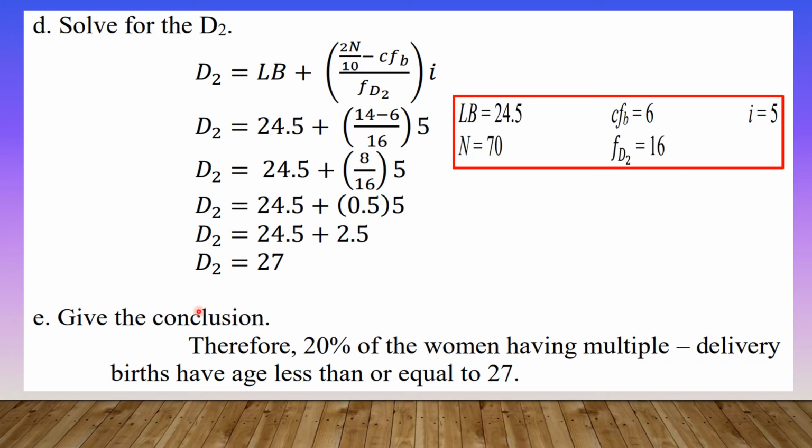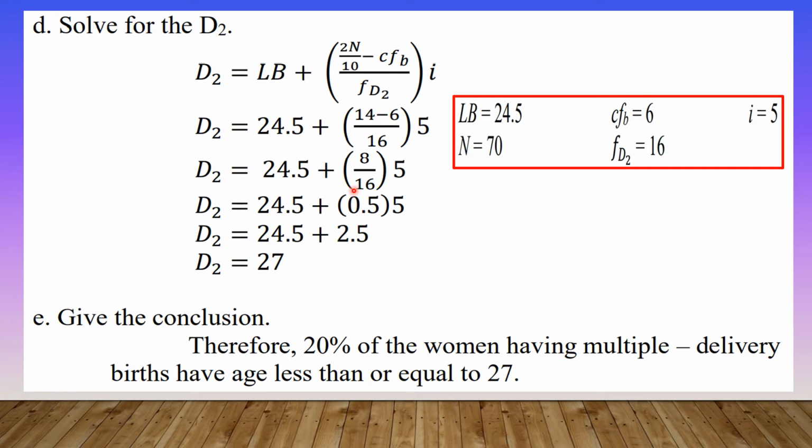D sub 2 is equal to the lower boundary, 24.5, plus 2 times n, that is 2 times 70 is 140, divided by 10 is equal to 14, minus CF sub B is equal to 6, divided by F sub D sub 2, that is equal to 16, times the interval 5. D sub 2 is equal to 24.5 plus 14 minus 6 is equal to 8 divided by 16 times 5.